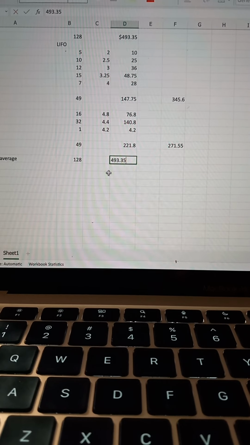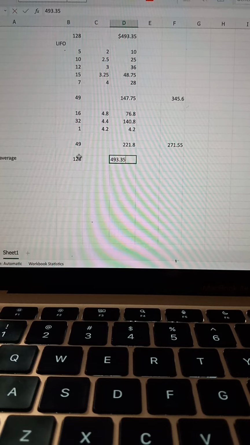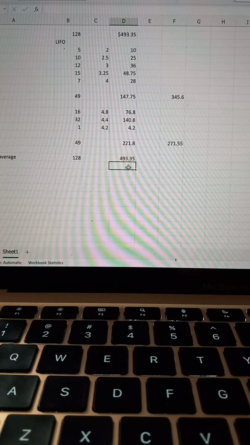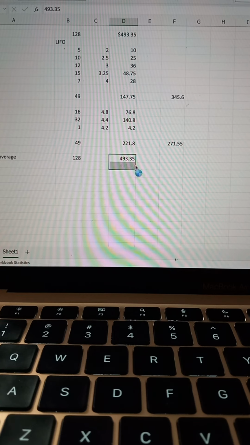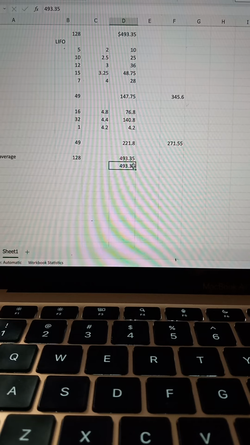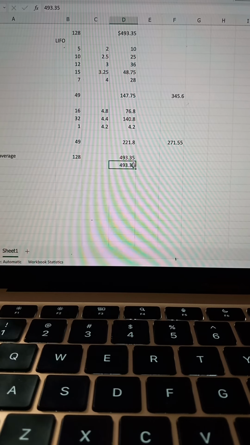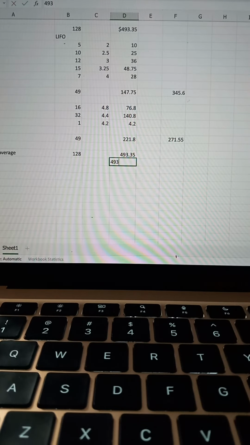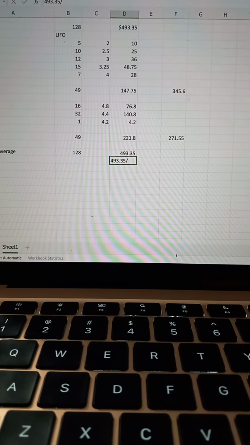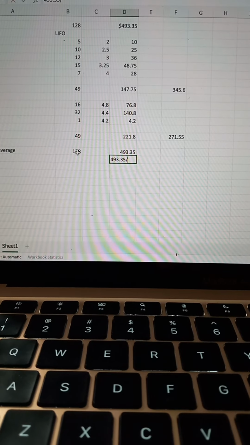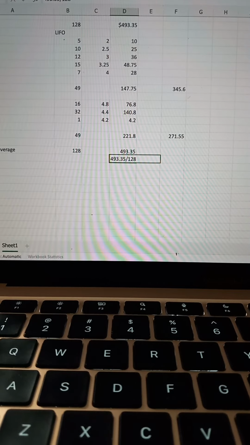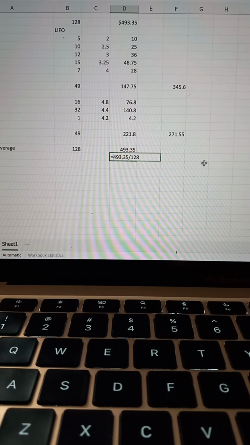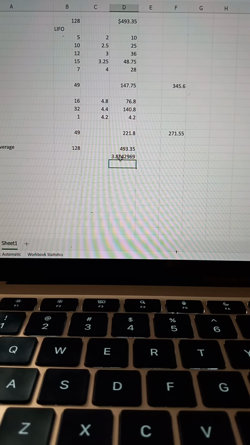So what we're going to do is we're then going to take this value and we're going to divide it by these units. So when we divide that, we're going to get the cost per unit.